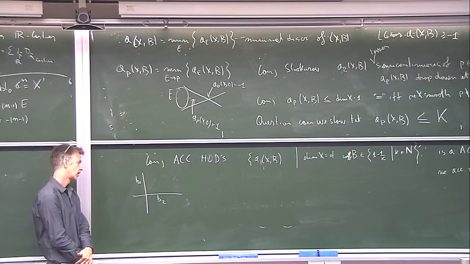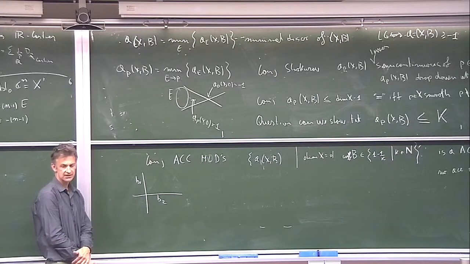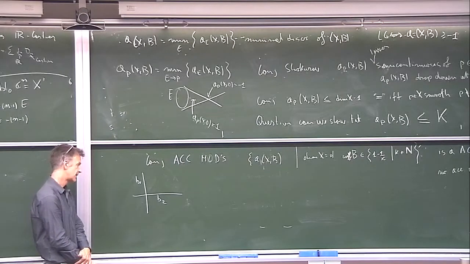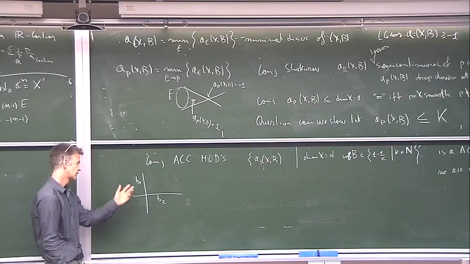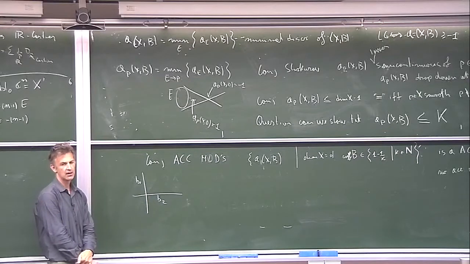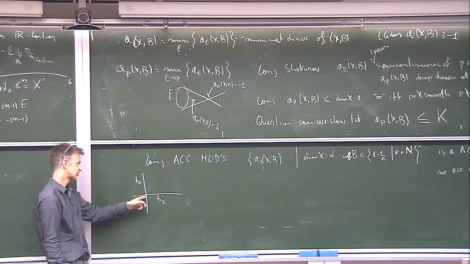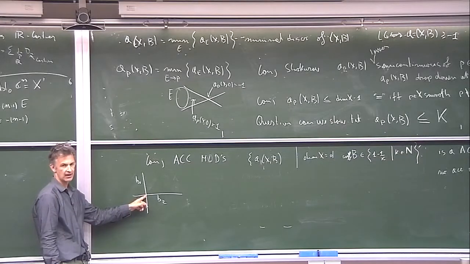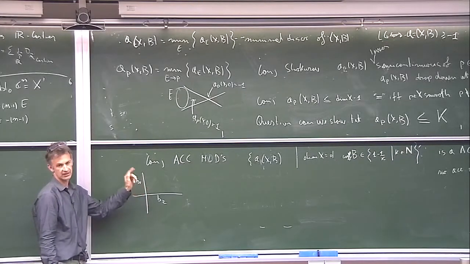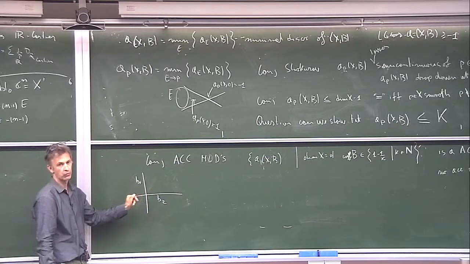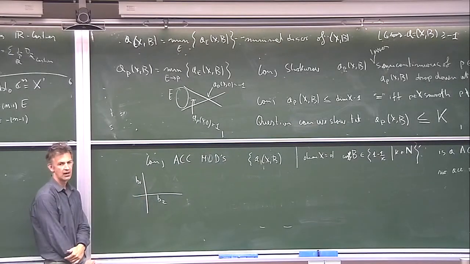So if we're talking about a klt singularity, then all of these coefficients are going to be less than 1. So in this picture, if I blow up this point, I get b1 plus b2 minus 1. I get a smaller number. So the worst has already happened.